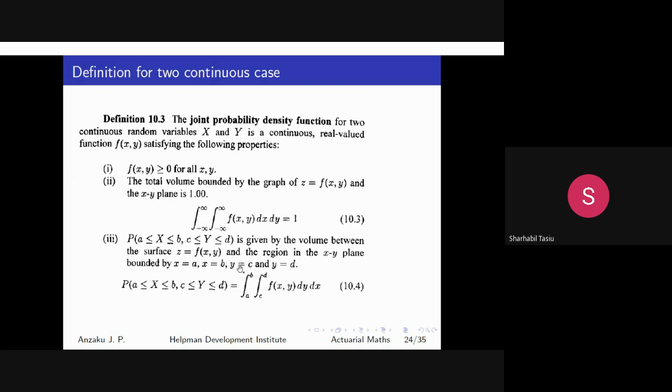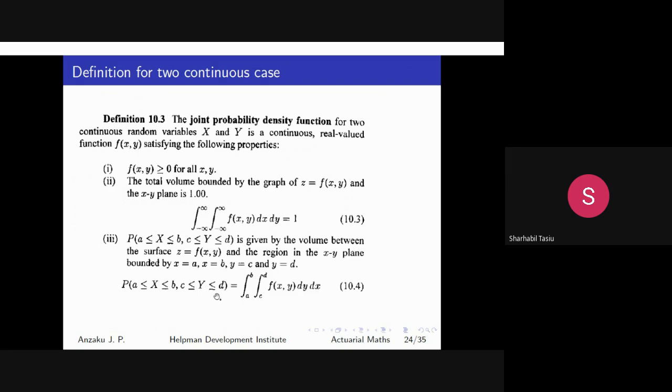It's a continuous case, so we are looking at the result that falls within this boundary. For the discrete case, it's just a single value, but because we are looking at the continuous case, we can't determine a particular value, we can only determine it using an interval.